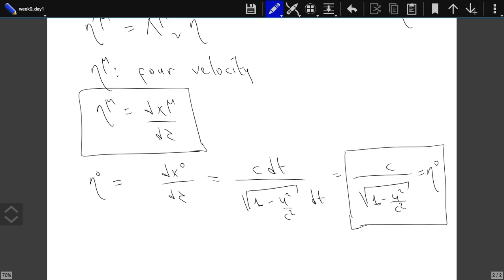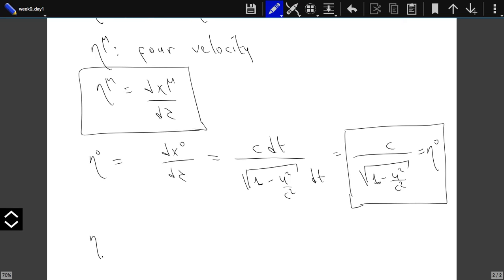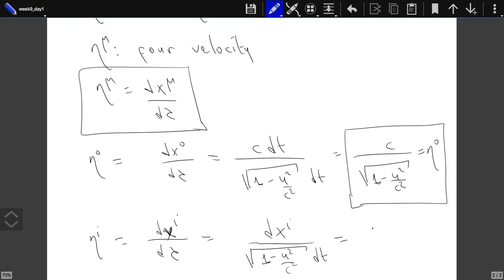Let us look at the other ones. Eta i is equal to dxi divided by d tau. This is dxi divided by square root of 1 minus u squared over c squared dt, which is equal to ui divided by square root of 1 minus u squared over c squared.